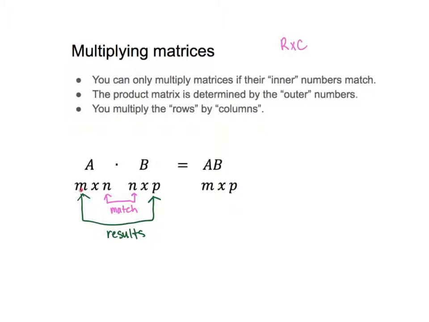In this case, you have M by P, so when you multiply these two matrices, this new matrix is going to be M by P in its size. I'm going to show you that in the next example. And when we multiply matrices, we always multiply rows by columns. So keep that in mind.